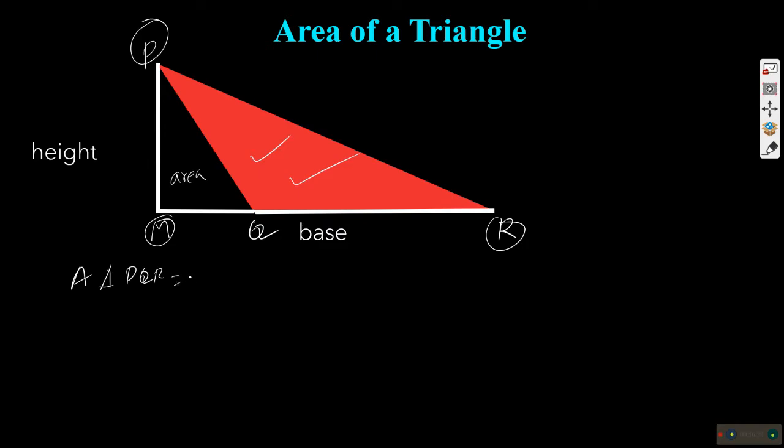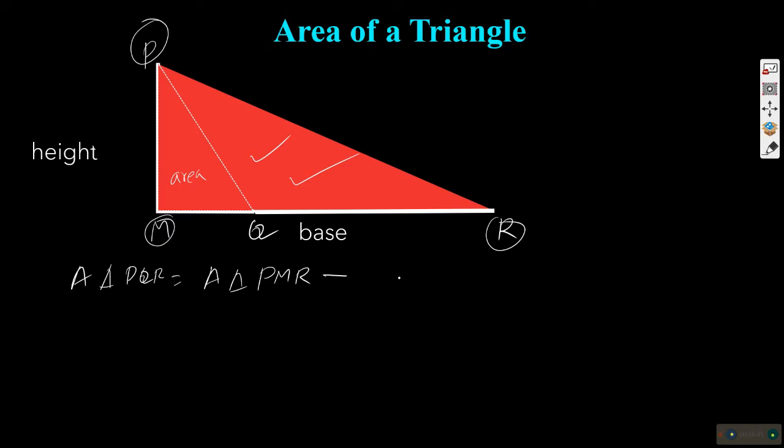To get that, you should go for the area of triangle PMR minus, subtract from that, the area of triangle PMQ, this one. Whatever we are getting will be the area of triangle PQR.